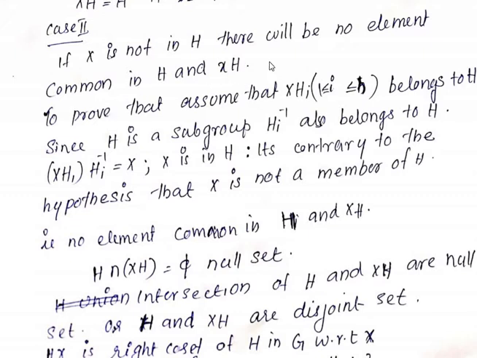In order to prove this, we assume that x hi, an element of xH, which is a left coset, belongs to H. What is xH? It is a left coset. x hi is a member, hi is between h1 and hn. First we assume that x hi belongs to H.